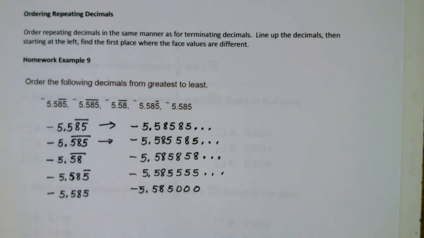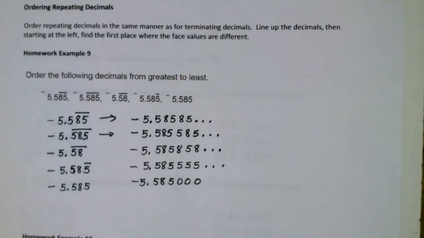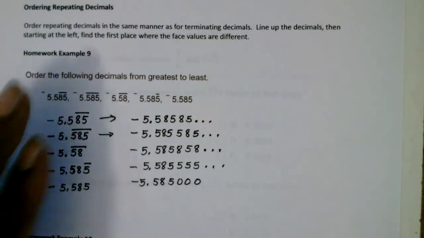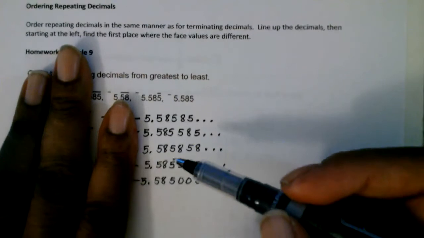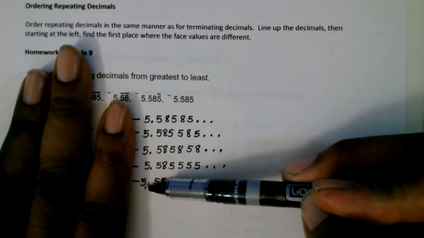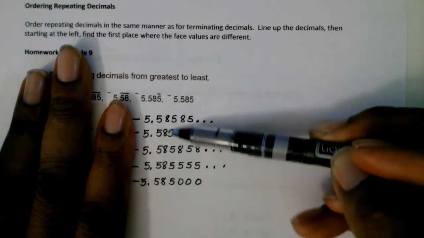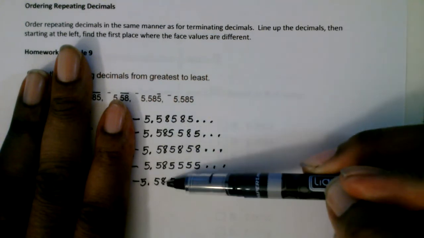Now I'm going to compare each place value position here. Let's ignore these negative signs. We're going from least to greatest, because it's easier to do it that way. It would be difficult if we included those negative signs. So let's do this. The 5s are the same in the 1s place. In the 10ths place, the 5s are still the same. In the 100ths place, the 8s are still the same.